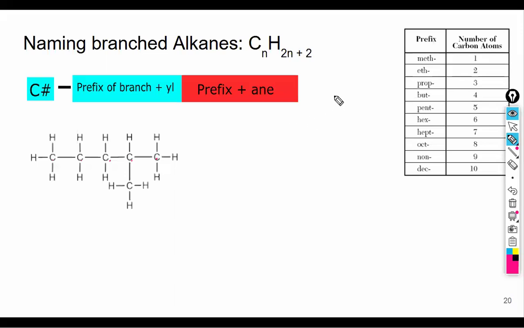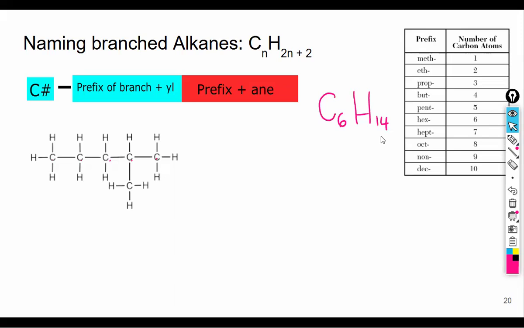So if it's truly an alkane, if C is 6, then by the formula, 2 by 6 is what? 12 plus 2 is what? 14. Count up the amount of H's here. Do we still have 14? Just make sure. Do we still have 14 H's there to go with the 6? Yeah, count it up.